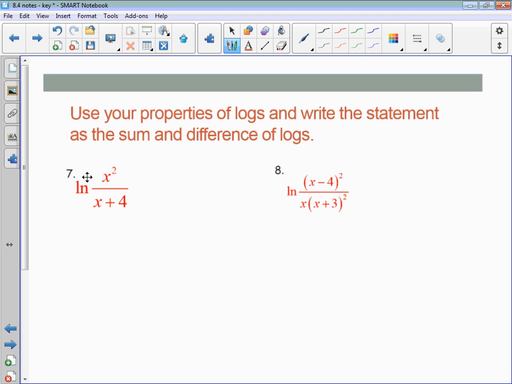Don't get scared. All right, guys, so we're going to use our properties and rewrite it as the sum and difference of logs. Sometimes this is called expand. So I'll give you a second to jot these down.